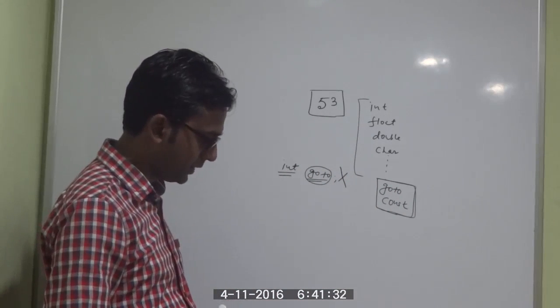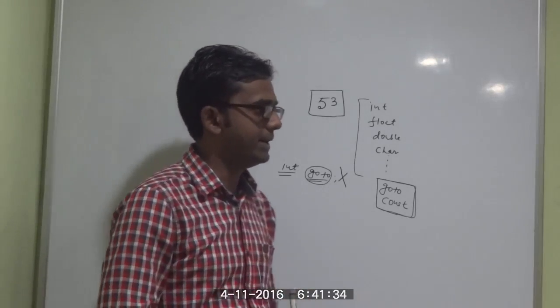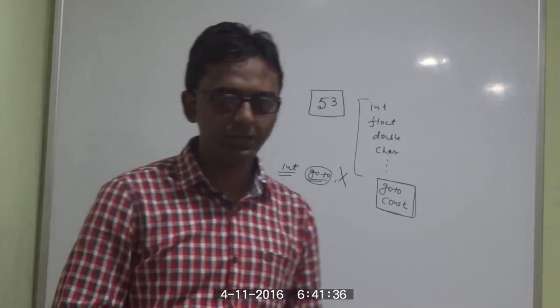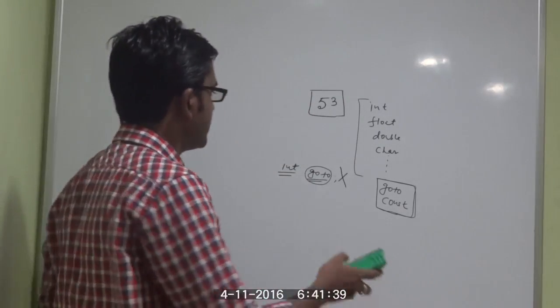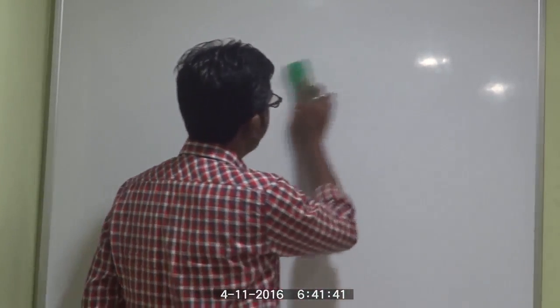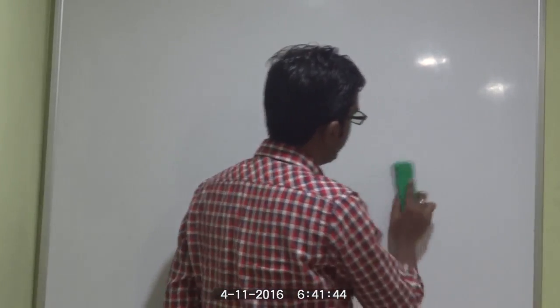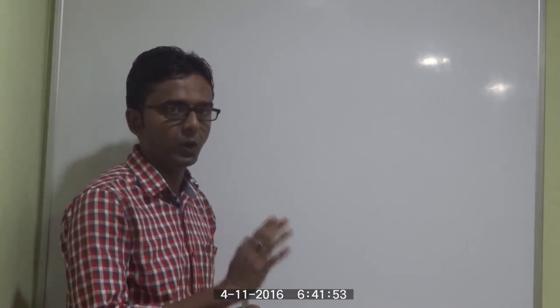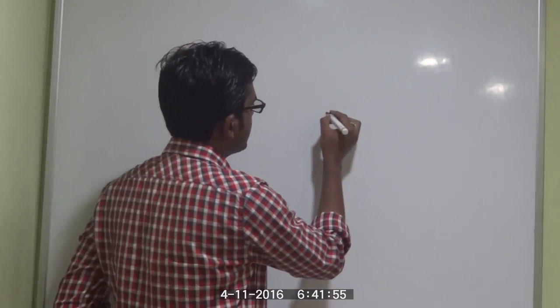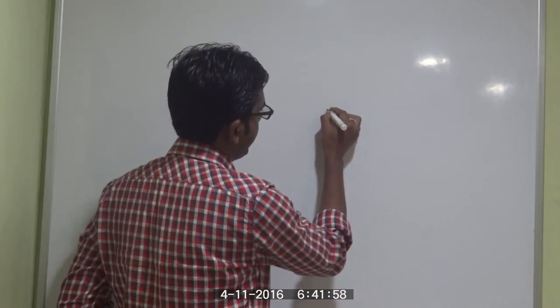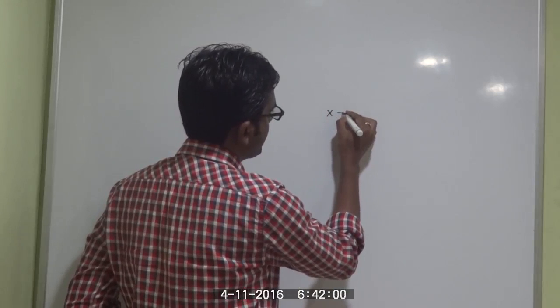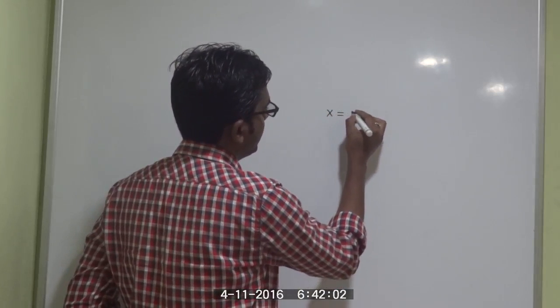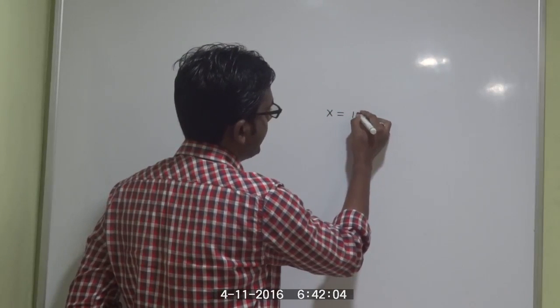Now after discussing this identifier concept, let me tell you about data types. The next portion which I will discuss is data type. First of all, we need to understand the meaning of data type. A data type is used to specify what type of value a variable will hold. For example, suppose I am creating a variable with the name x equals to, and now I want to assign a decimal value.